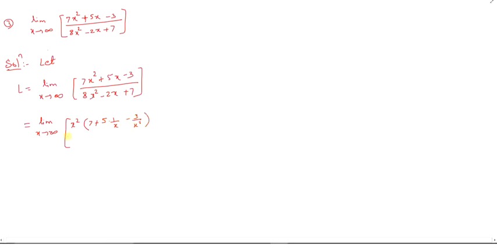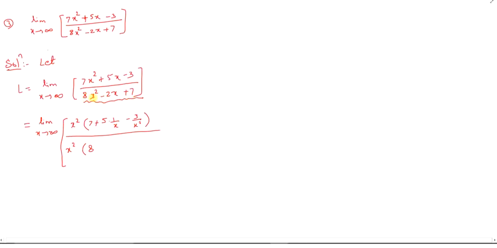Okay, we take x square common. You can divide by x square or you can take x square common. In both ways, you can follow the method which I explained in the previous example, or you can follow it in this way also. Now divide these terms by x square.